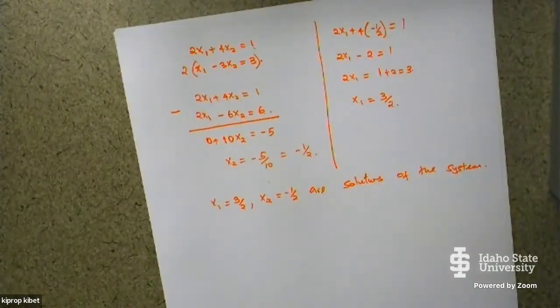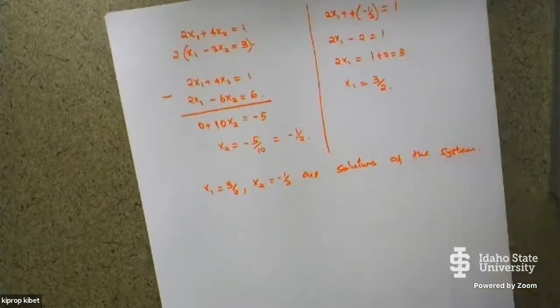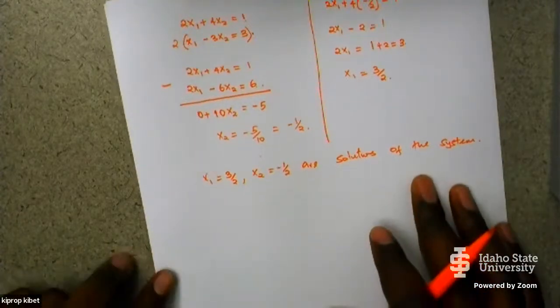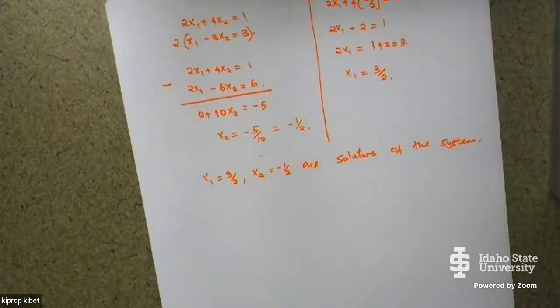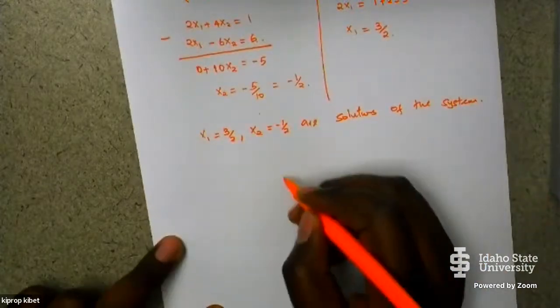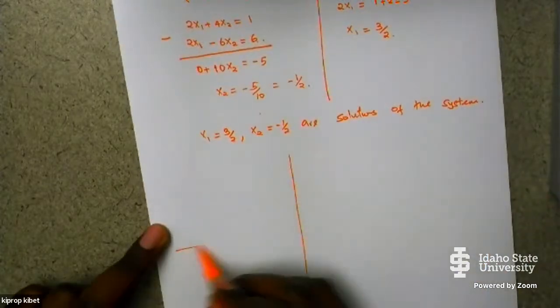Now, how can we sketch this? To sketch this easily, we take x1 to be the horizontal axis and x2 to be the vertical axis.